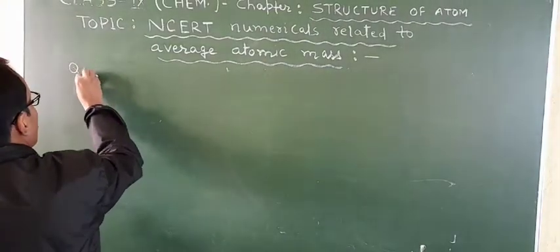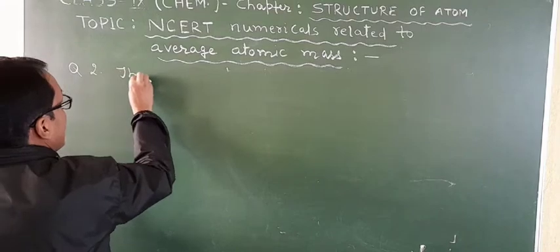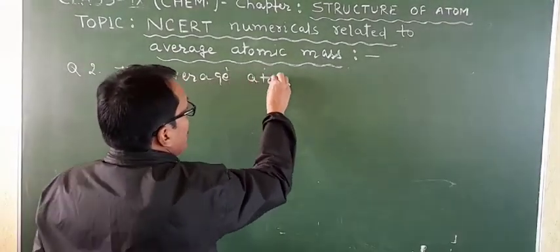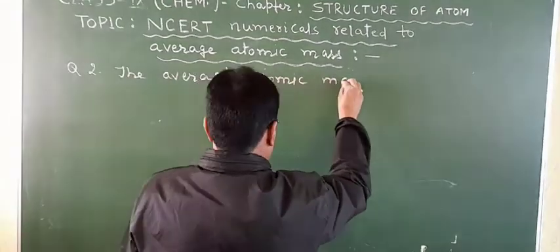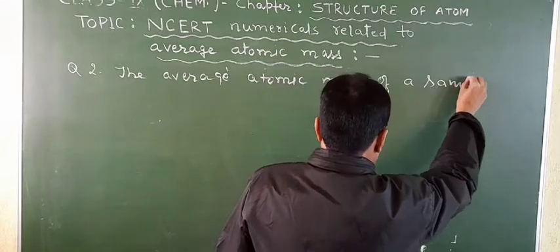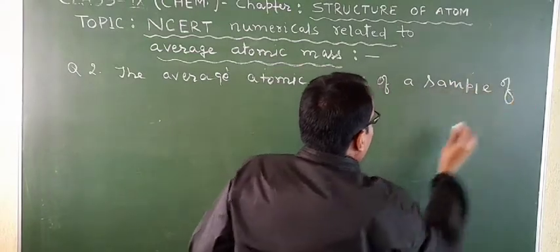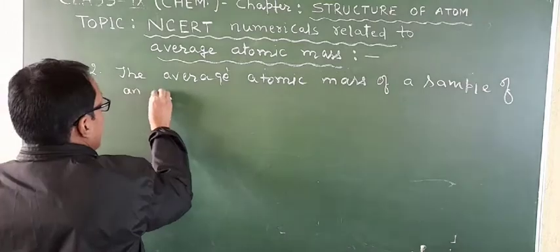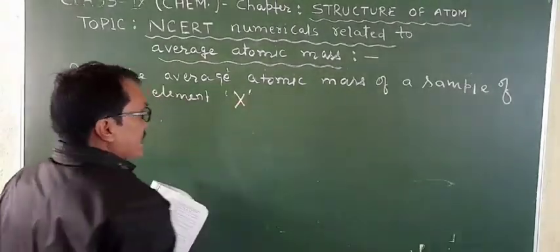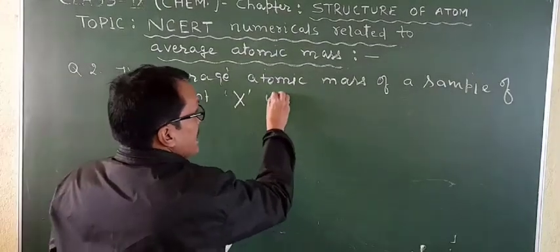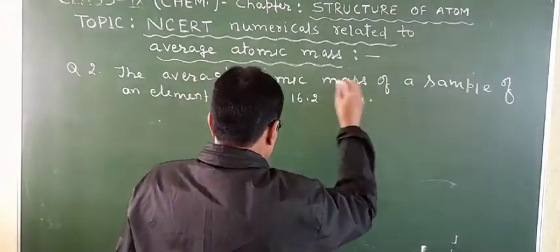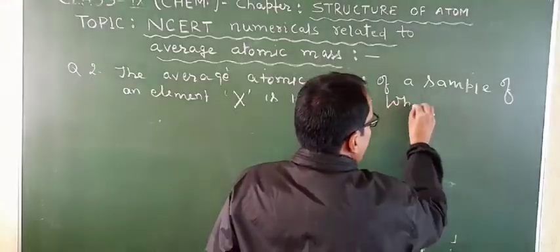The question is: the average atomic mass of a sample of an element X is 16.2 AMU.